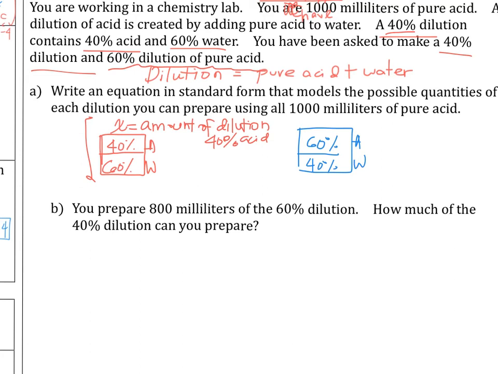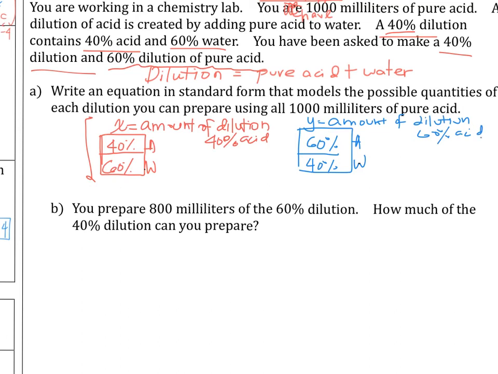Now we're not really concerned with the water part, so let's just set that aside. So this one I can let y equal the amount of dilution for 60% acid.